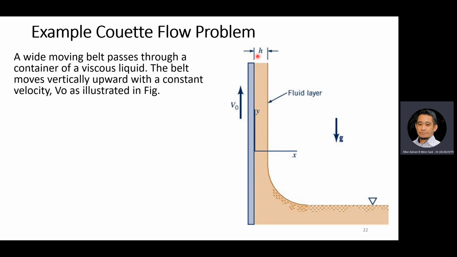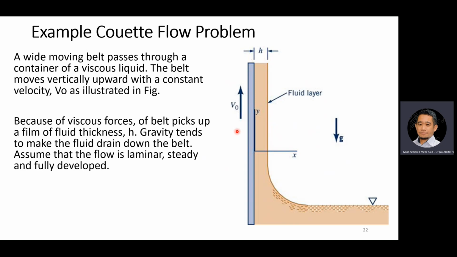So in the steady state, you have a constant fluid thickness h throughout. Also, there will be a gravity effect on this fluid. Because of viscous forces, the belt picks up a film of thickness h. Gravity tends to make the fluid drain down the belt. So assume the flow is laminar, steady and fully developed.